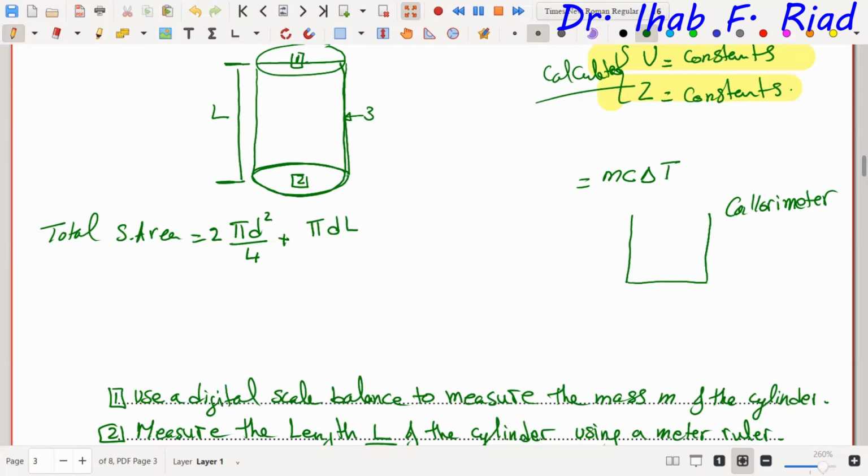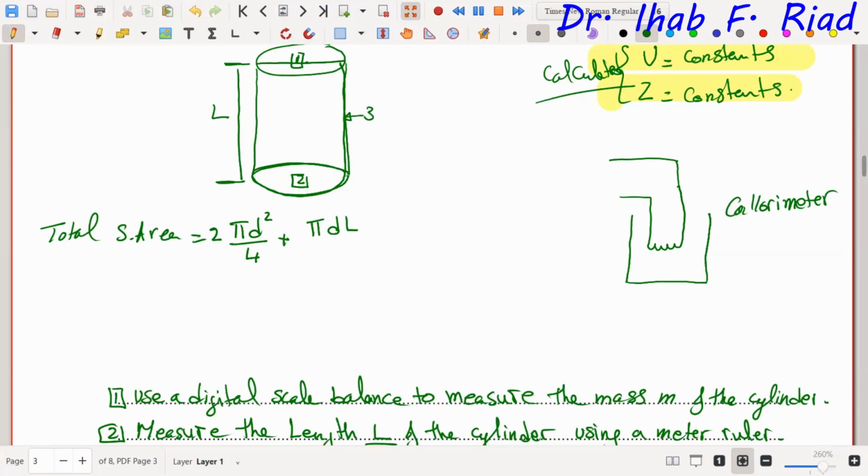And it has a heating element, like a coil. If I pass current through it, it will start heating up.